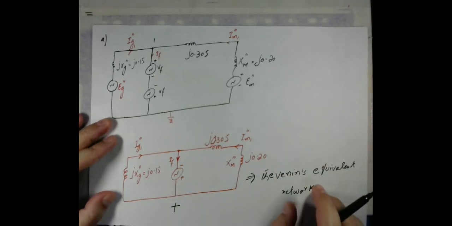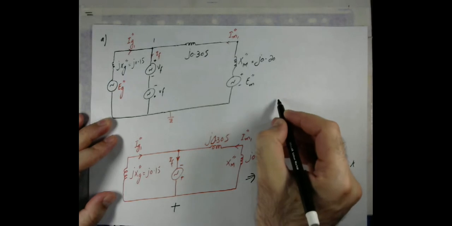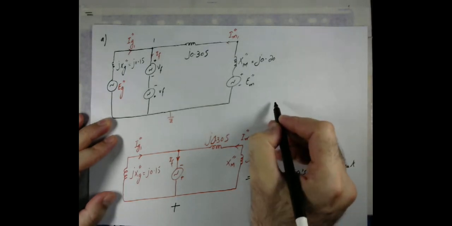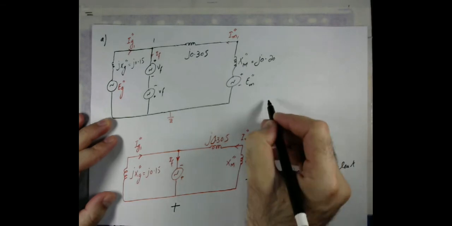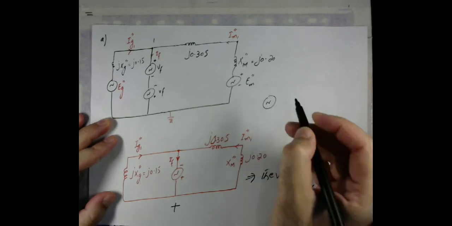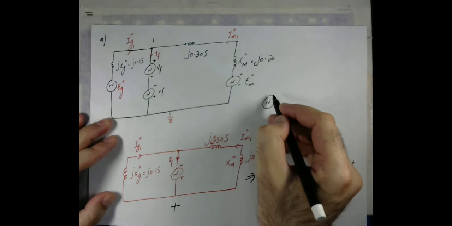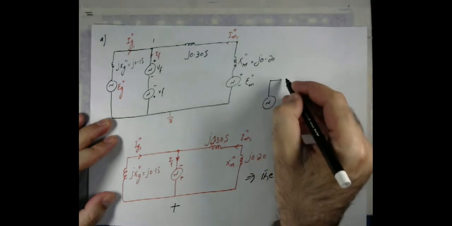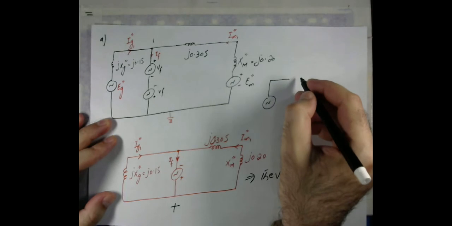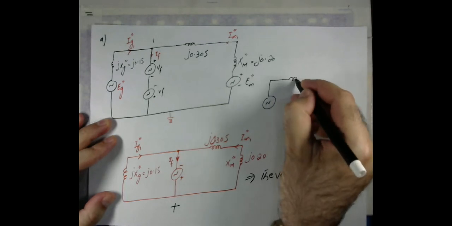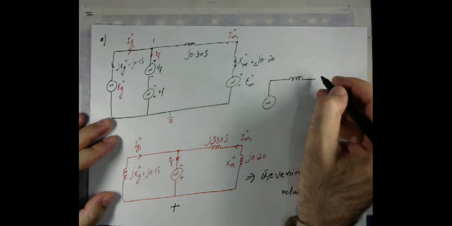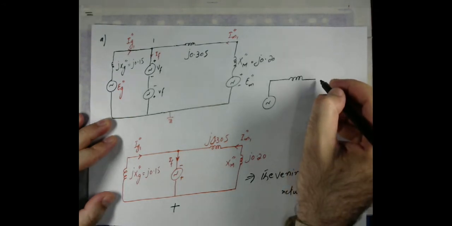So the network before the fault will look like that. That is the generator voltage, and then adding all those reactances, because all three are in series.